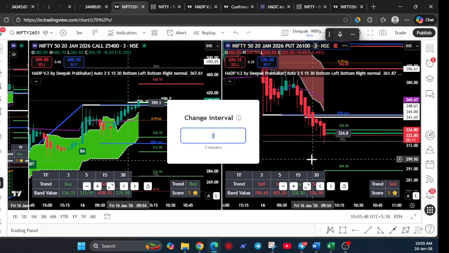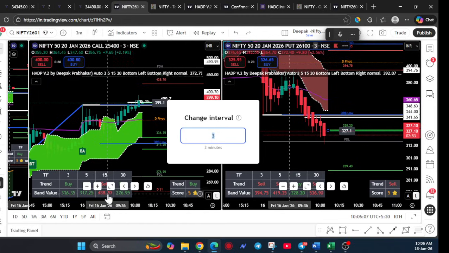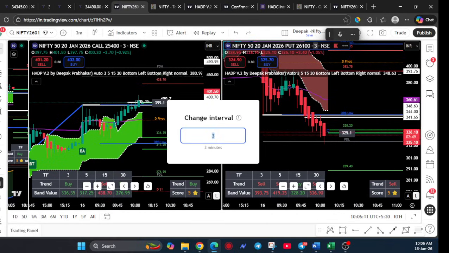That means the day is bullish. 5 minutes, 15 minutes, 30 minutes changing into sell on the put side is bullish. Call side, this also, if it changes on 15 minutes, then it is bullish. That means the bias would become on the upside if 15 minutes closing happens above 438.7.